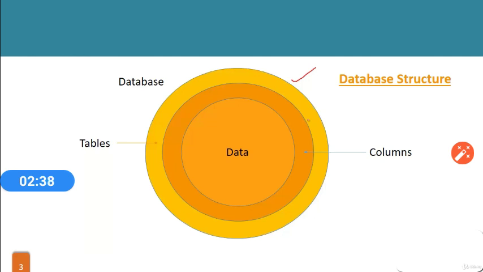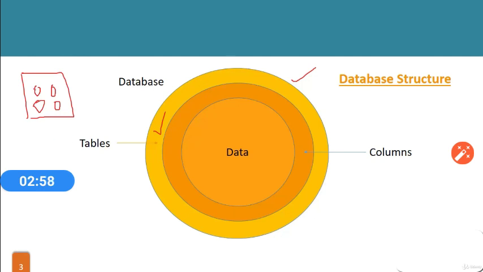For example, if a database has 4 tables, you will see 4 tables inside the database like this. These tables are inside the database. This is a shell for tables.